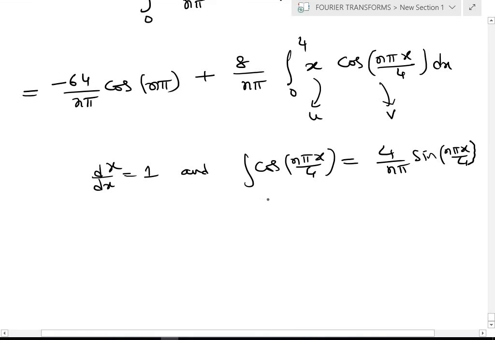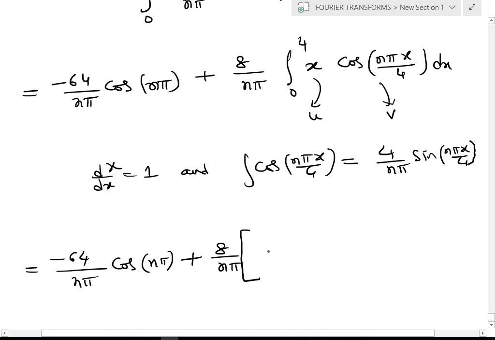Okay, fine. Now I'll substitute these values here. When I substitute these values, the first term will not change, that is minus 64 divided by n pi cos of n pi plus 8 by n pi. The first term will be u into integration of v, that is 4x divided by n pi into sine of n pi x by 4.